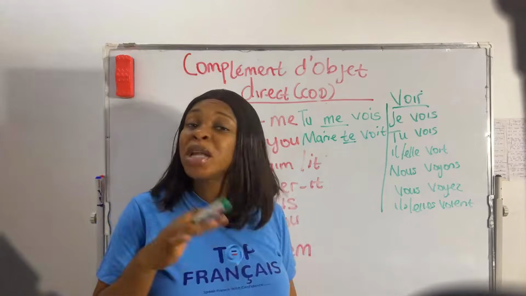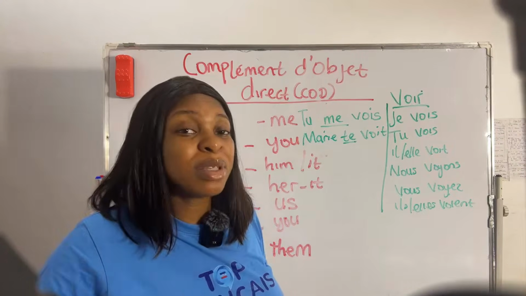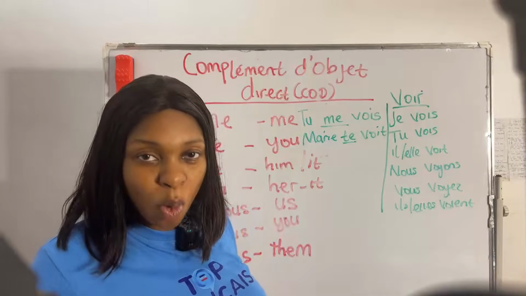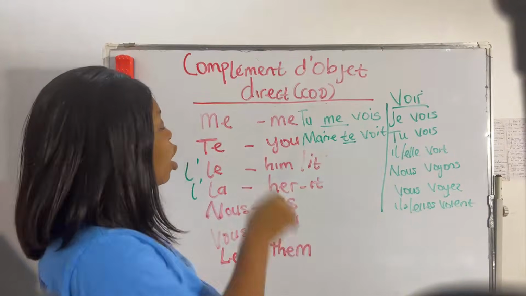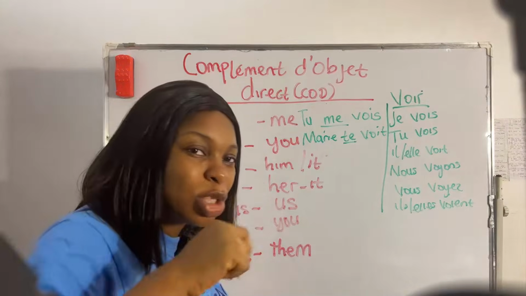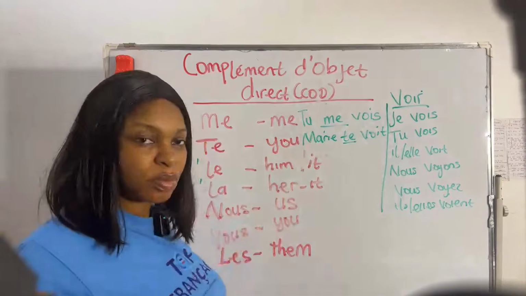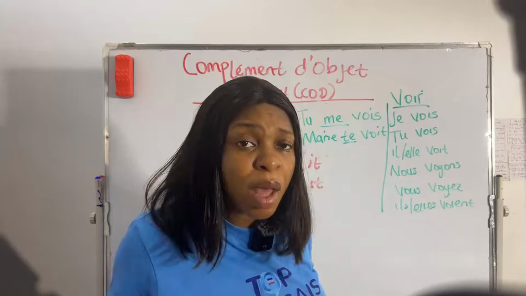I get it. But now you are at a higher level, so you have to know that there is more to the le and la you learned in your A1. That's the definite article. Now, "le" in this COD topic is him or it. That's it.